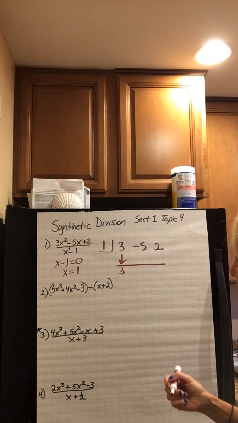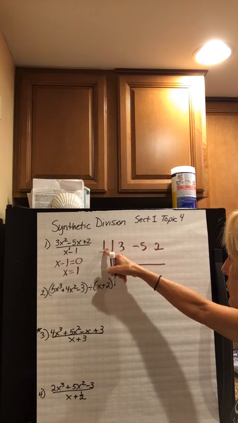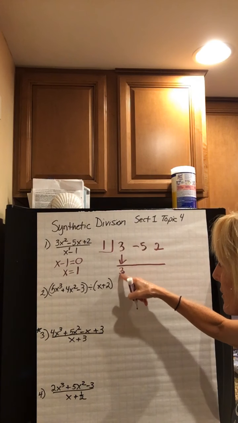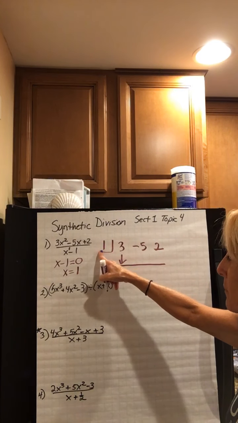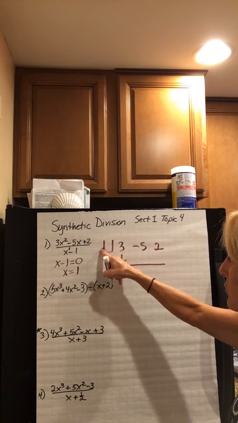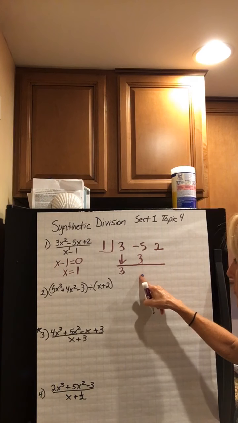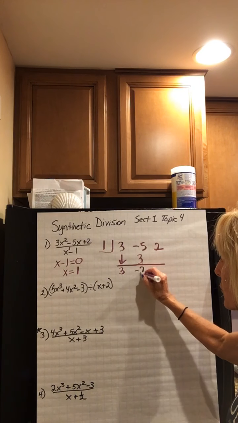The math you do is you take this guy, he's your multiplier, and the steps are to multiply. So I take this 3 and multiply it by 1. 3 times 1 is 3. Then you add, so I get -2.